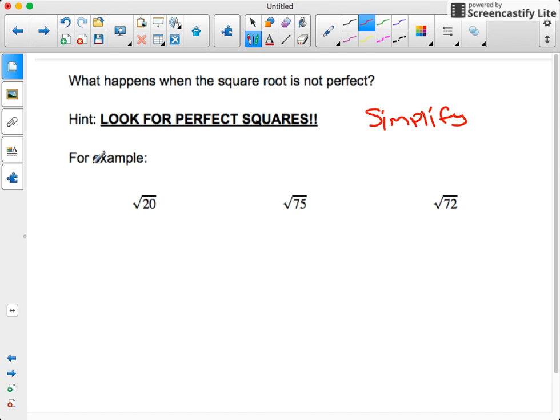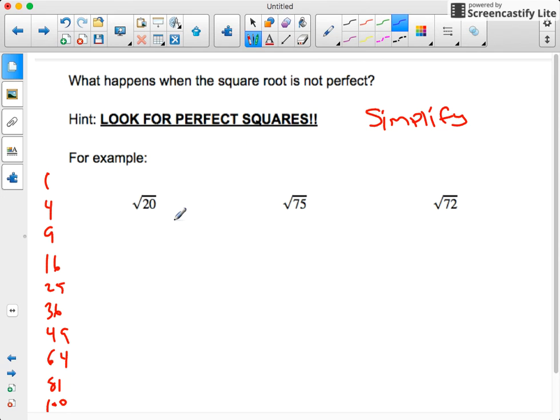When I first get a sheet, I try to write down the perfect squares. It's easiest if you memorize them: 1, 4, 9, 16, 25, 36, 49, 64, 81, 100, and I'll keep going eventually. We're looking for which of these numbers can go into the square root of 20.